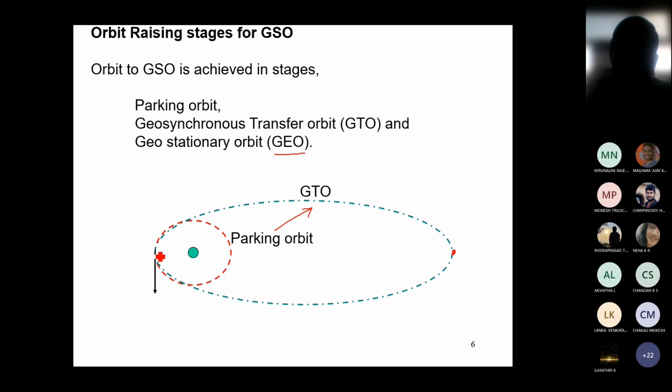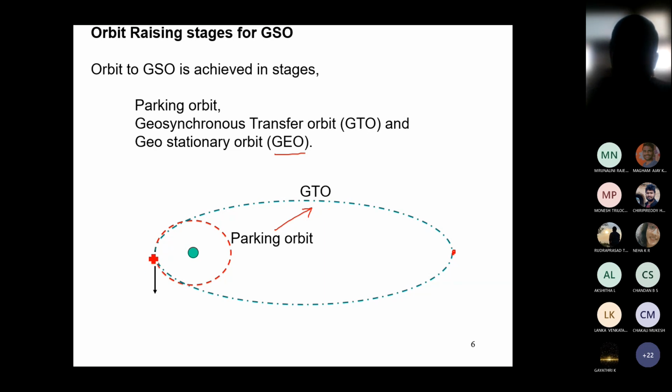So in GT orbit, the satellites are moving at different velocities. When there is a change of orbit, from the circular orbit where it was moving at a constant velocity, we have to change the satellite to an elliptical orbit. Then we have to apply some thrust.